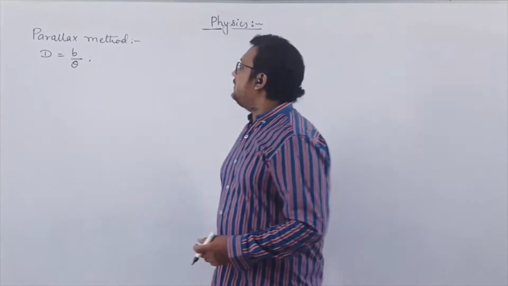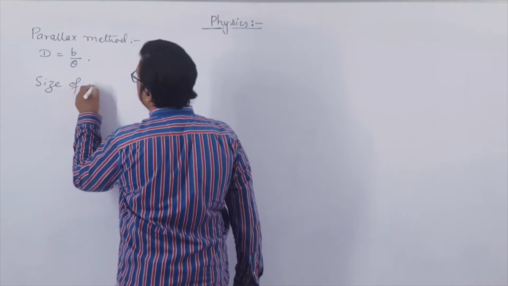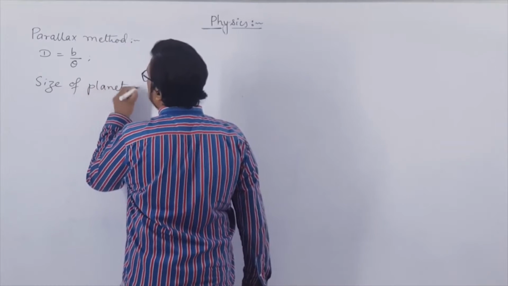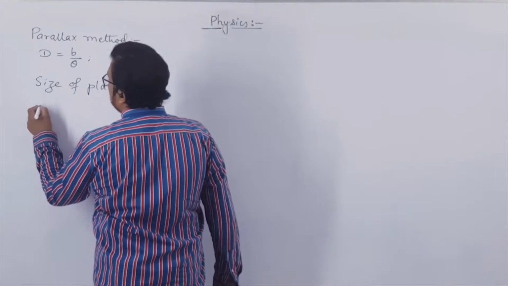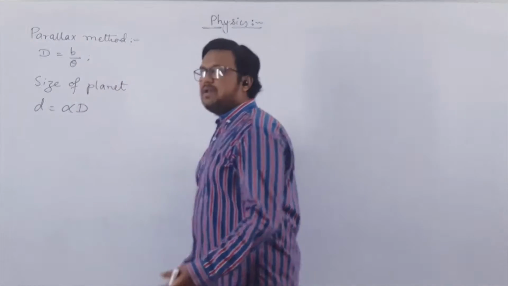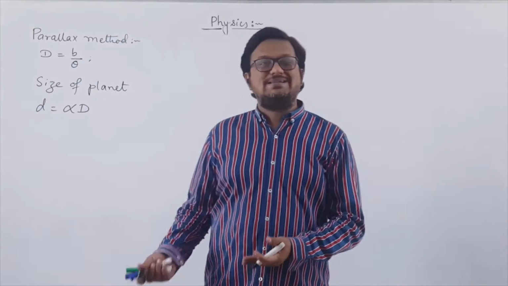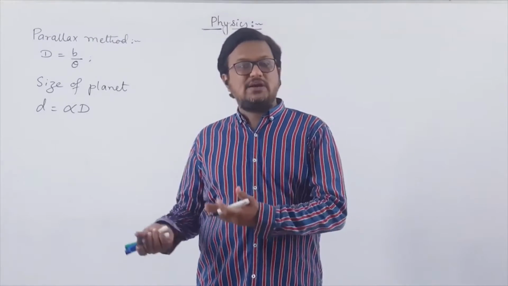In the same way, for the size of a planet, we have the formula d is equal to alpha into capital D. Same method, same formula, we have just changed the symbol. Instead of b, we write small d, and instead of angle theta, we write alpha.